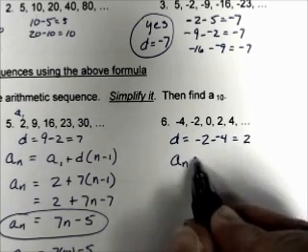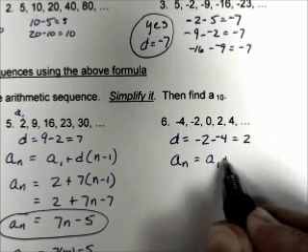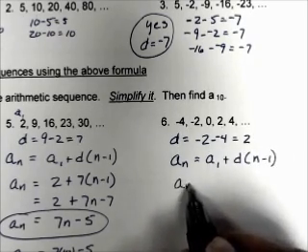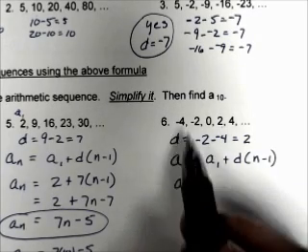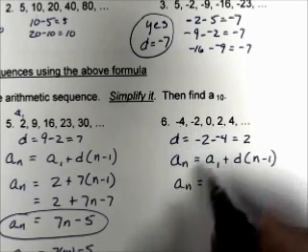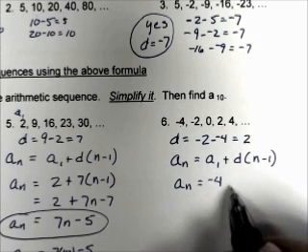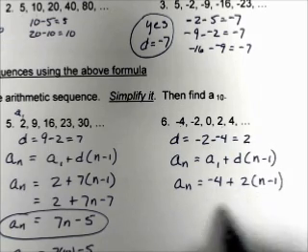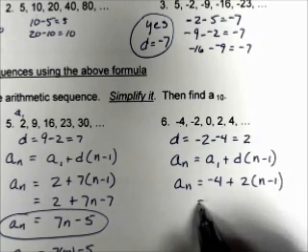Write down our formula. a_n equals a_1 plus d times n minus 1. So a_n equals, our first term is negative 4 for this arithmetic sequence. So replace a_1 with negative 4, replacing d with 2. And now distribute and simplify.